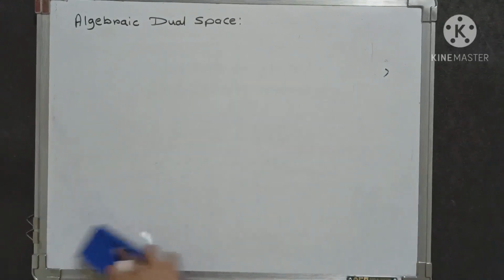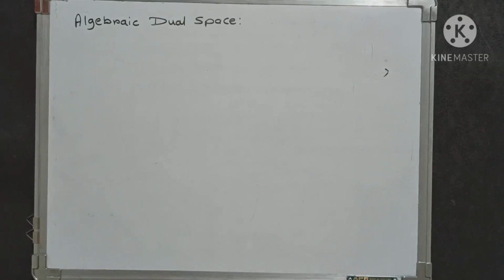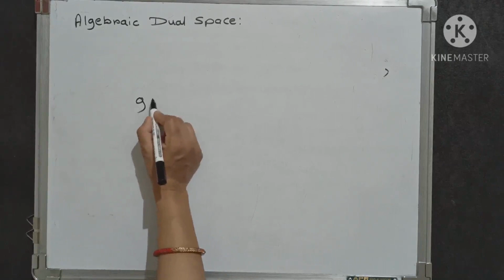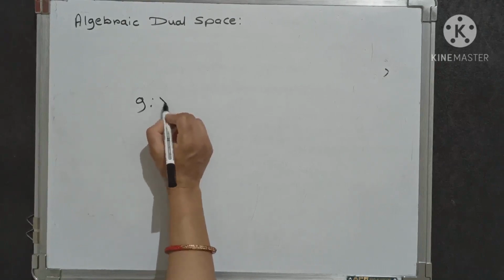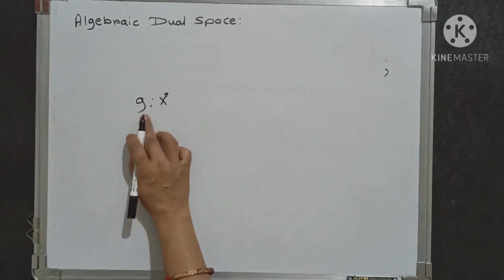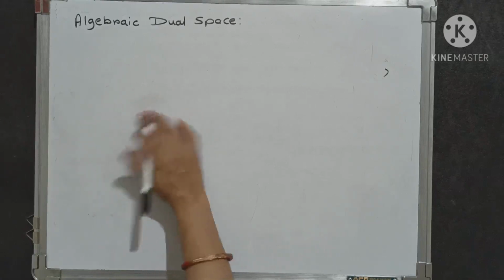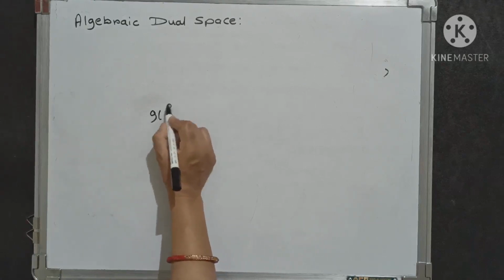Now here we can obtain g belongs to X double star, which is a linear functional defined on X star, by choosing a fixed small x belongs to capital X and setting like this. That means here we have g, which is the mapping defined on X star. g is a linear functional defined on X star, and therefore here we have the value g of f.